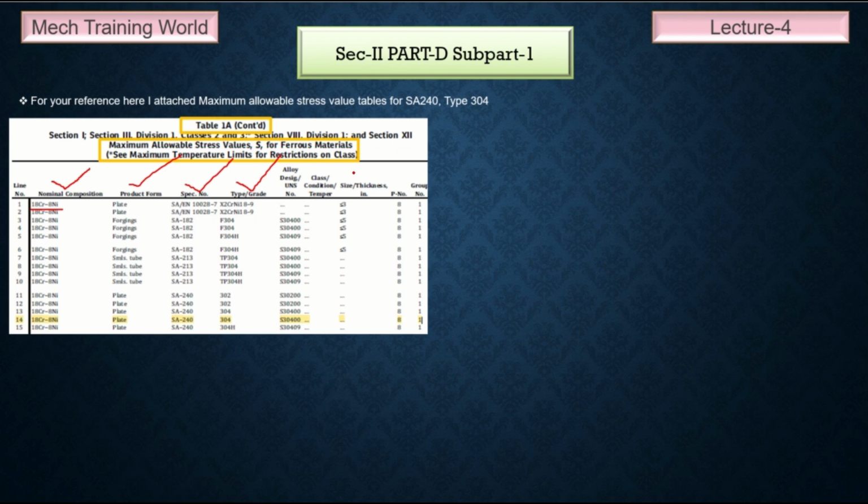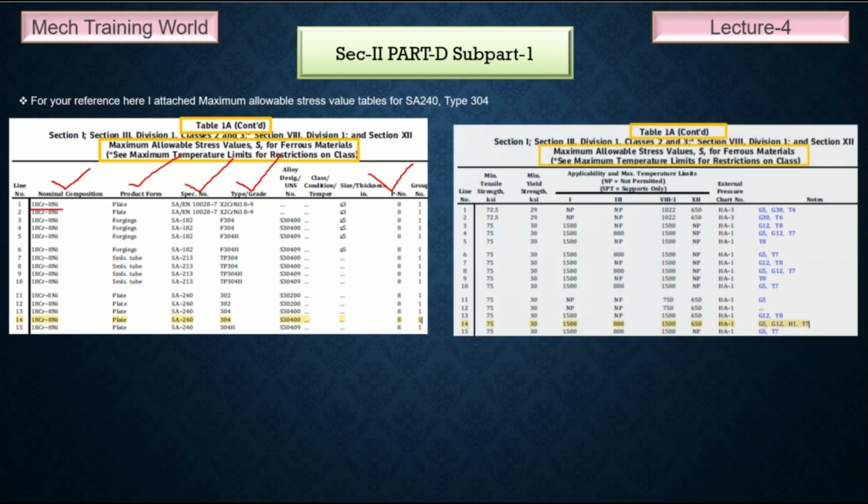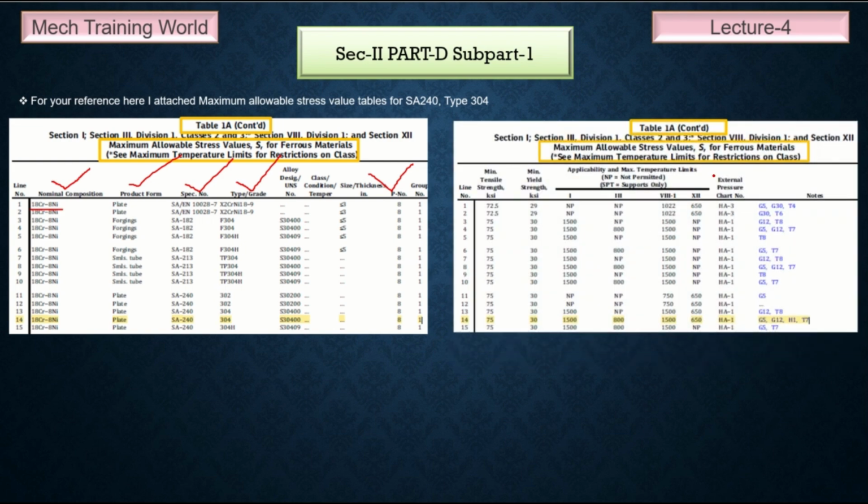And you will find size or thickness, so how much thickness is available, and also external pressure charts are available. Okay, you can see here external pressure charts, and for which code, at what temperature it is applicable. If you see, section 1 is applicable for 1500 degrees Celsius for this material.